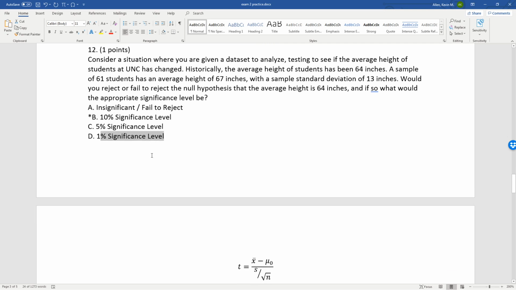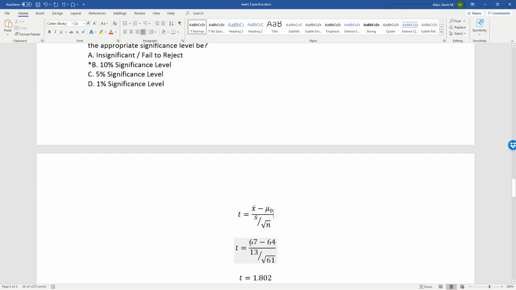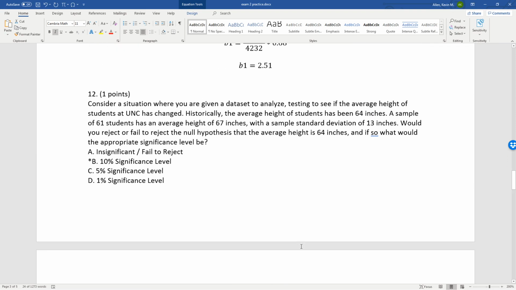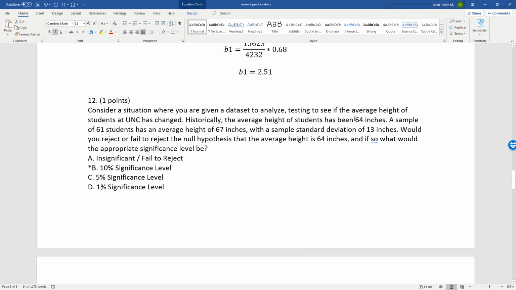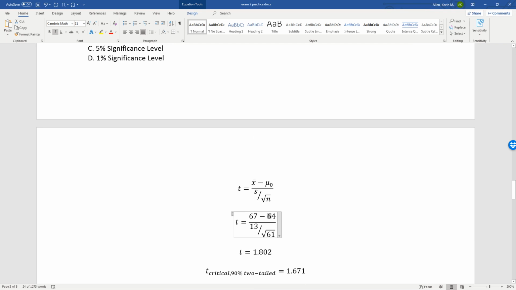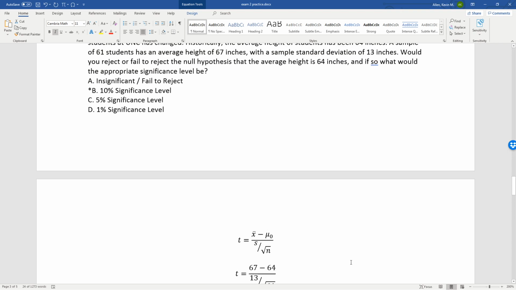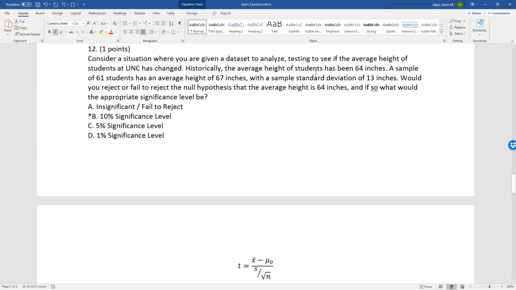So we're going to calculate our t-score. We have our t-score equation here. X bar is our sample average, which was 67. Mu naught was 64, which is our presumed height, the historical value that it has been. Our sample standard deviation is 13, and the sample size is 61, so the square root of the sample size. And this will come out to about 1.802. Then we need to look up, we have 61 students.